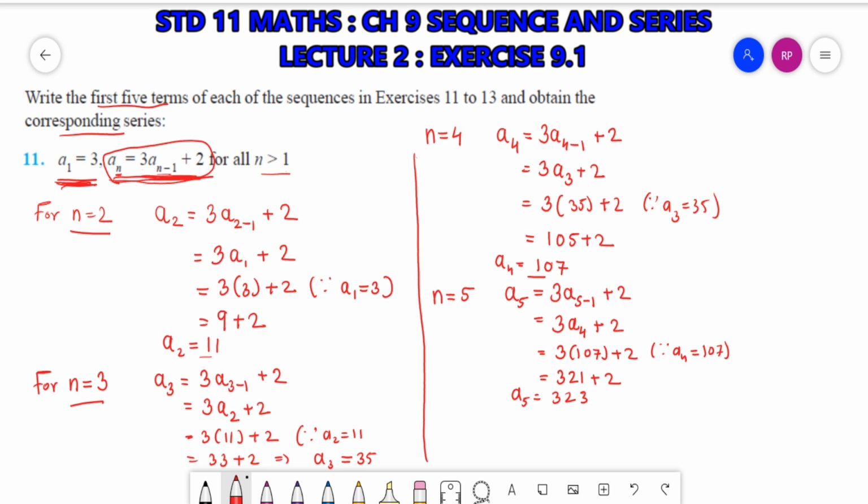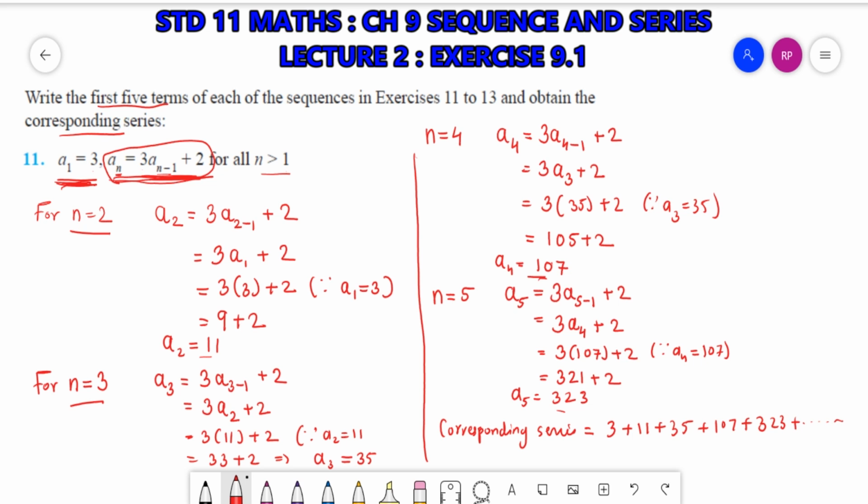So the corresponding series is equal to the first term 3, plus the second term 11, plus the third term 35, plus the fourth term 107, plus the fifth term 323, plus and so on.